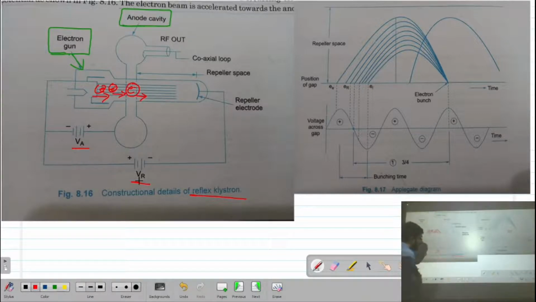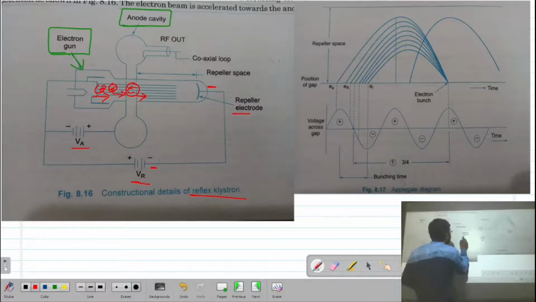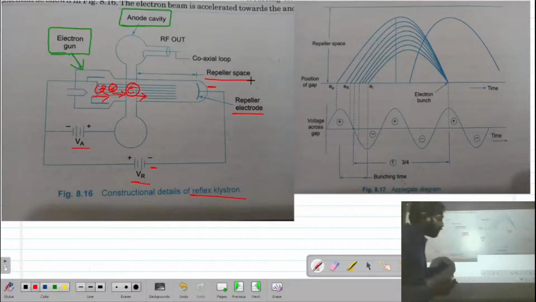And this VR, as I told you, is the negative terminal. So this will also be negative. This is the repeller electrode. This reflector, also known as the repeller electrode, is negative.